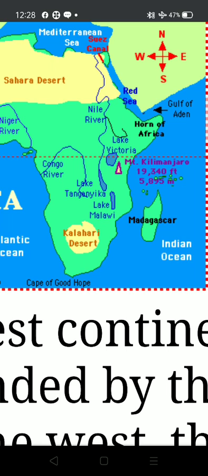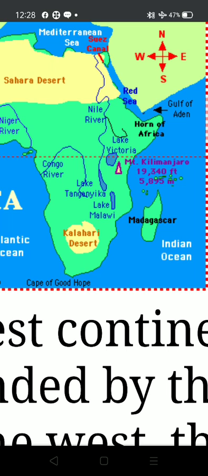Agriculture has long been carried out on river banks as well as on the margins of forests. There are several cities on the coast where traders from distant countries come to trade. This is a very important point which we have to notice: several cities on the coasts, the coastal area, the seashore, where the traders from different parts of the world, like the eastern side, India, Asian countries, traveled to Africa and had trade with the African people.